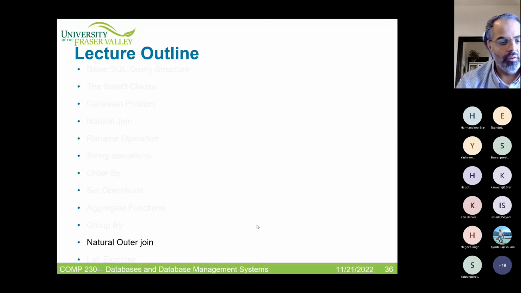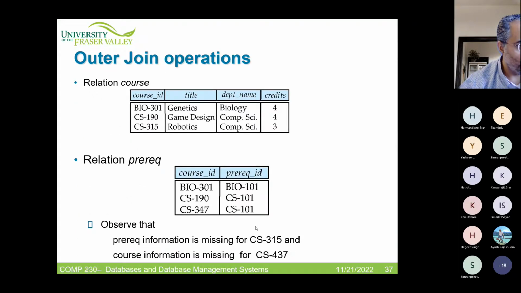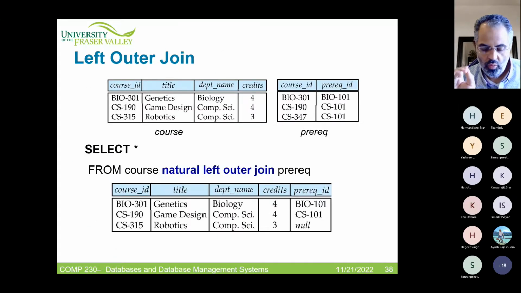So, outer join. For today, we will talk about outer join. What is outer join? We discussed this. Here I'm mentioning it as a natural outer join, even though an outer join can be a plain outer join or a natural outer join.